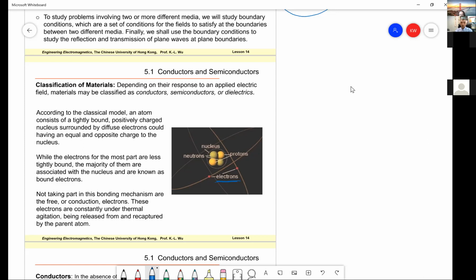And for some materials, we have more free-moving electrons, which we call an electron cloud. And there are also some types of material where electrons are not so easily bonded, and are easily released from the nucleus by thermal agitation or excitation, say when the temperature goes high.